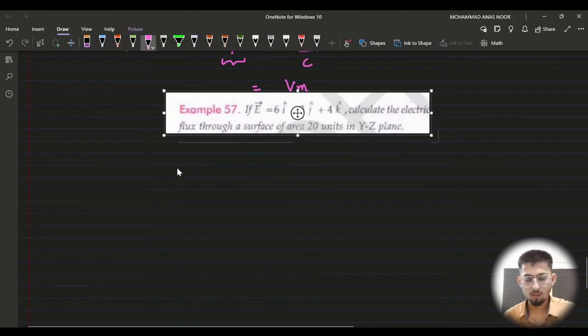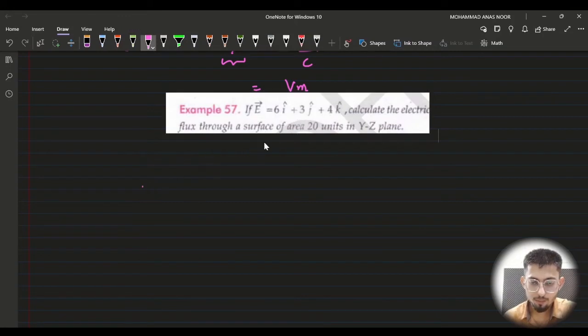The question: the electric field is given by 6 i cap plus 3 j cap plus 4 k cap. Calculate the electric flux through a surface of area 20 units in the YZ plane. You know what this means?